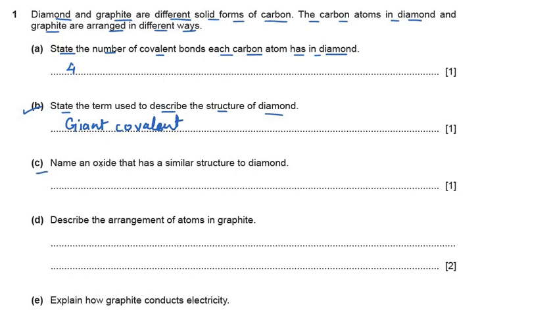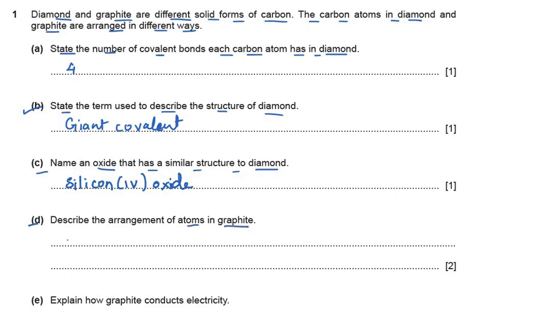Next question says name an oxide that has a similar structure to diamond. So the substance which has a similar structure to diamond is silicon(IV) oxide, or you can also call it silica, or we can also call it silicon dioxide. Anything is acceptable.